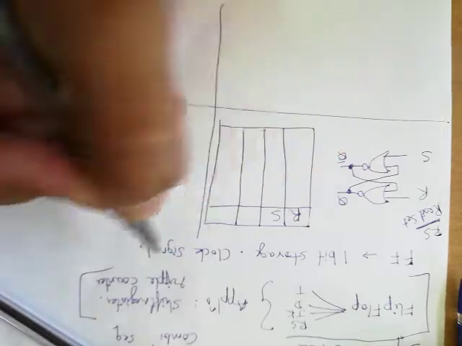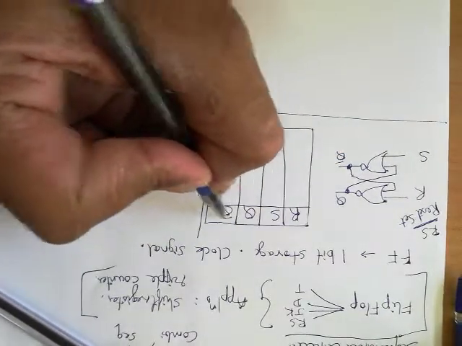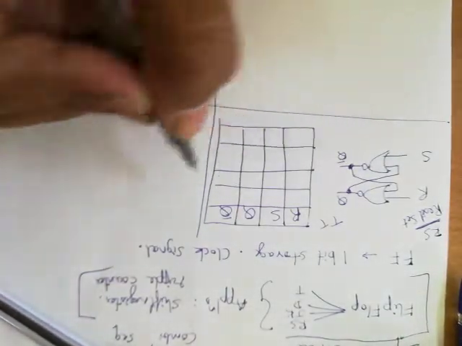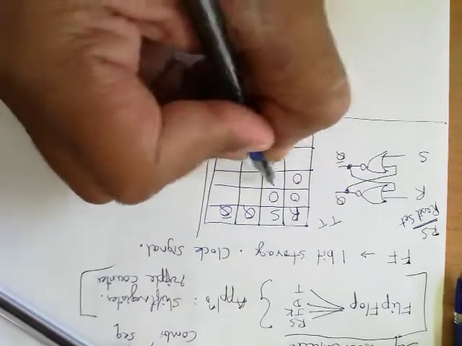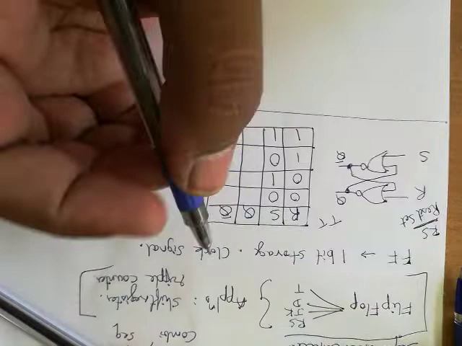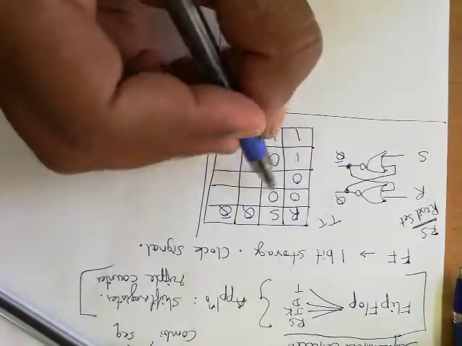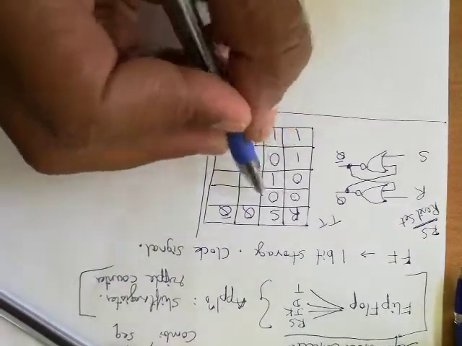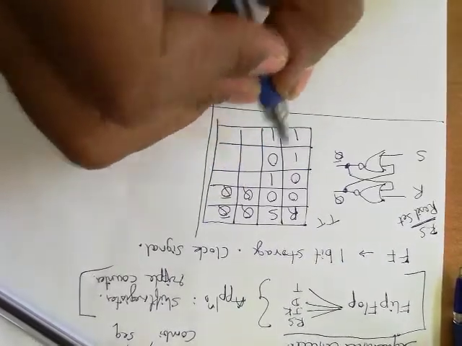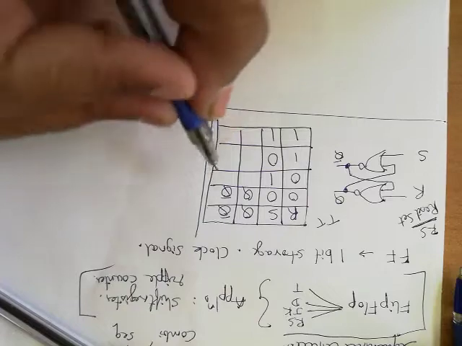We'll write RS, 2 inputs, Q bar. So if we have this truth table, we'll have 4 possible combinations: 0 0, 0 1, 1 0, 1 1. The operation of a flip-flop is in such a way that if we have inputs 0 0, whatever was the earlier output, that will continue.